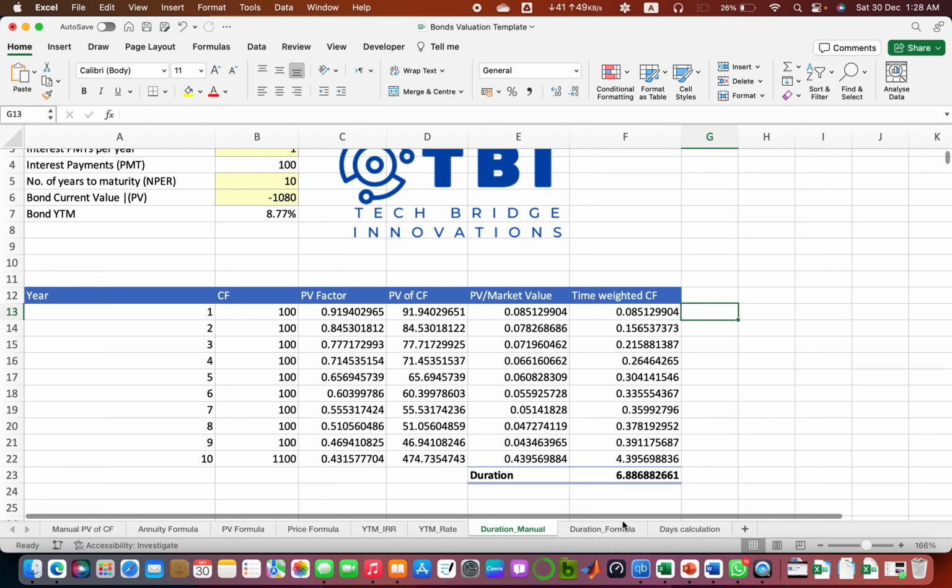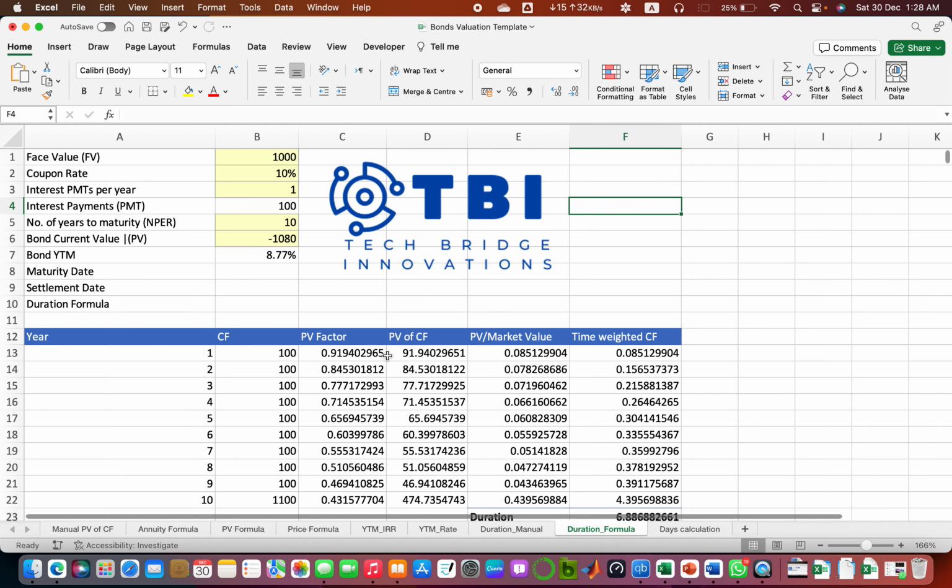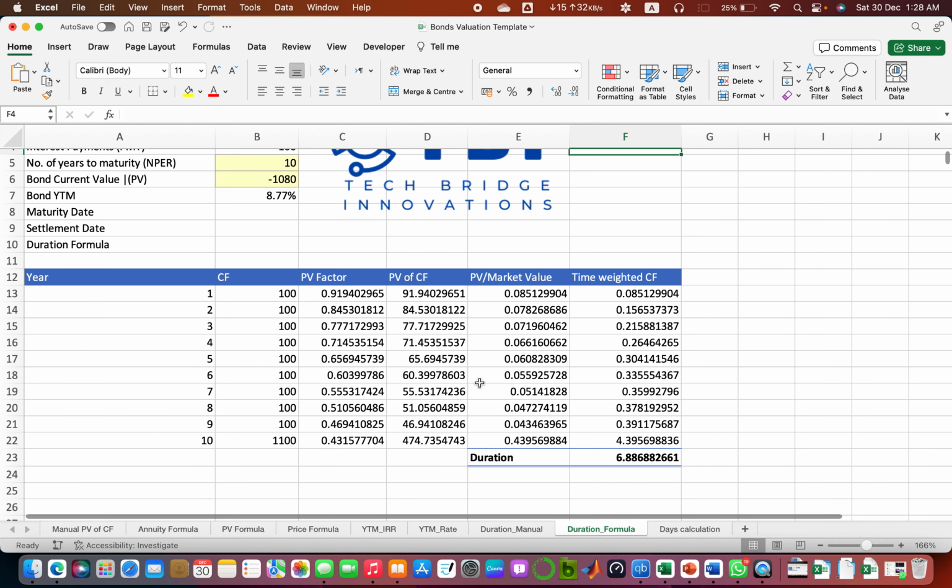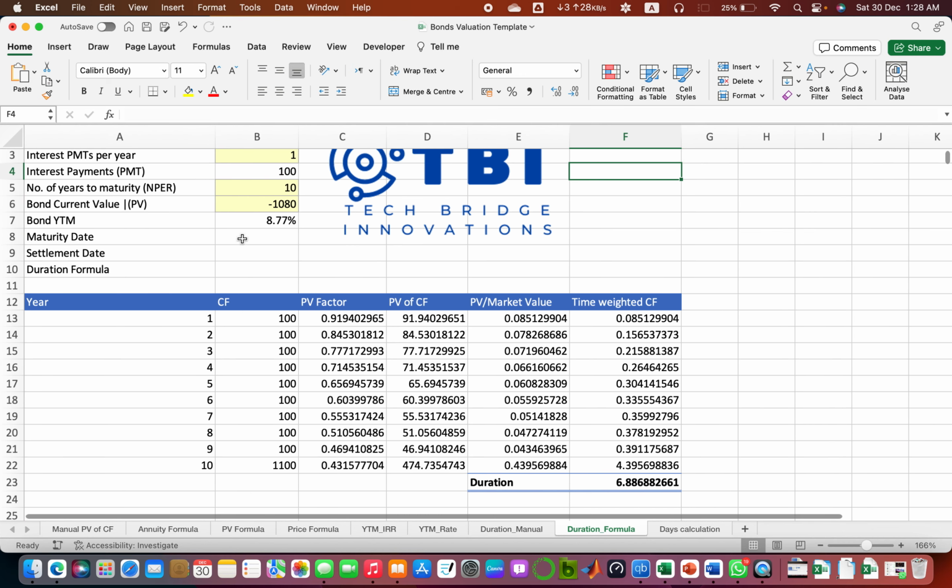But if you want to calculate duration using the formula, that is very simple. To use the duration formula, you need the maturity date and settlement date, because that formula is specifically made for bonds. The settlement date is the date of purchase, when you are purchasing the bond.